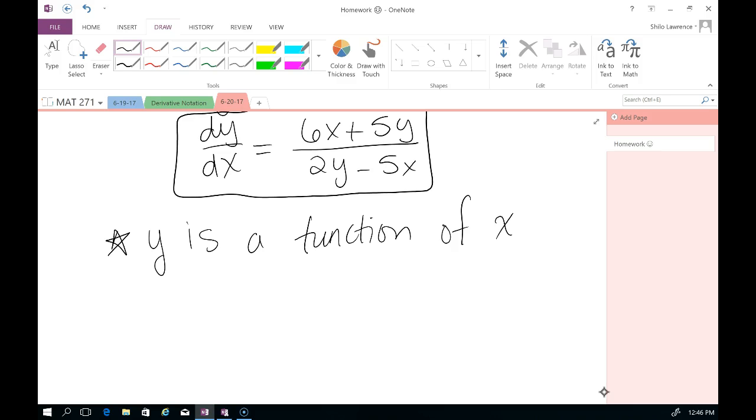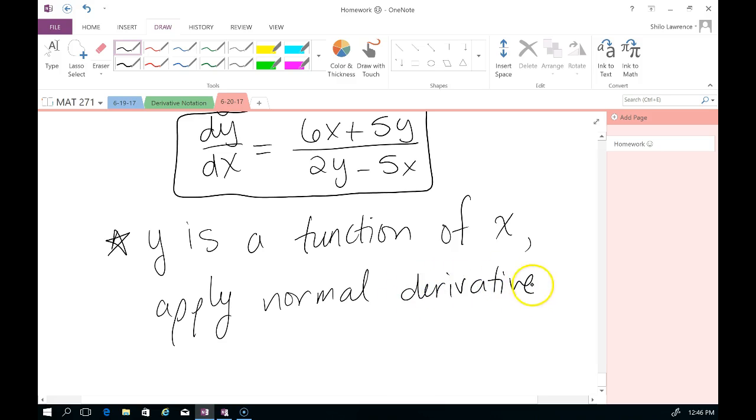So if y has any other operations applied to it as well, you have to do normal derivative rules as well as the derivative of y, which is dy dx. So we're going to apply normal derivative rules, which is our power rule, our product rule, our quotient rule.